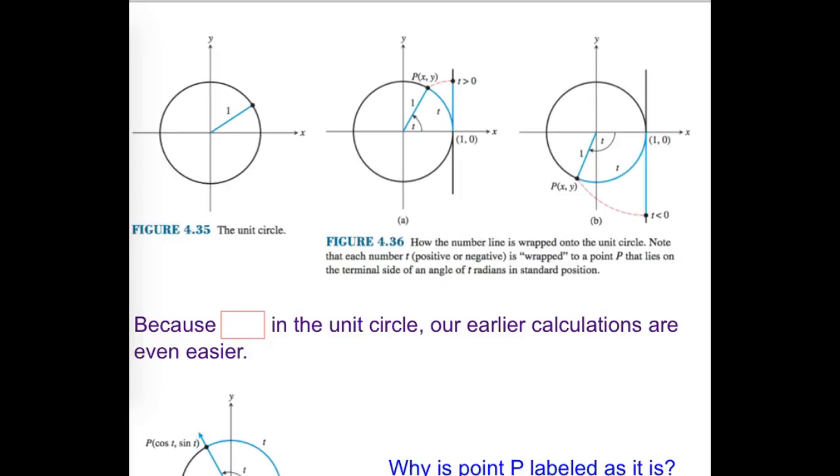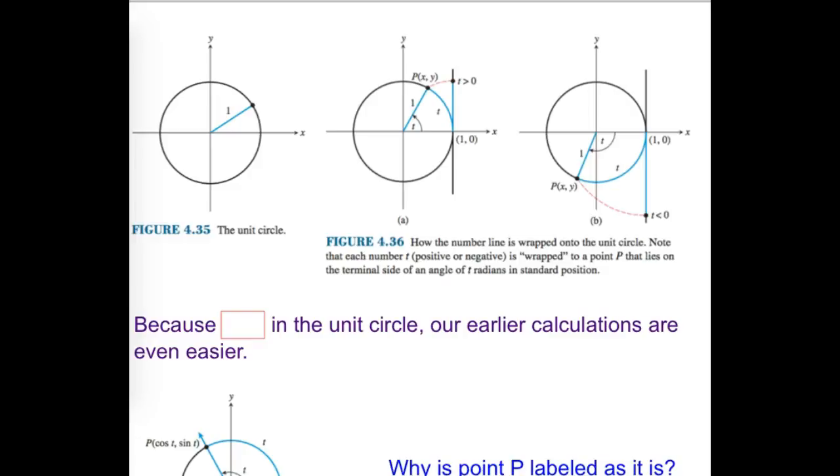All right, so that's what our picture here shows. We've got a unit circle. It has a radius of 1. We're taking that tape measure, and let's say we have point T, and we're marking off T radians. So if I have T radians, and let's say my tape measure is in inches, if my radius is T inches, then I'm going to mark off T inches along the circumference.